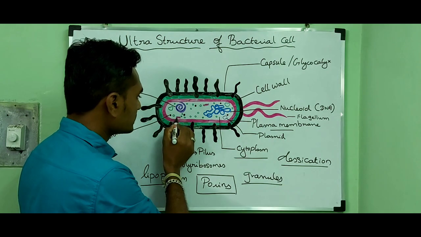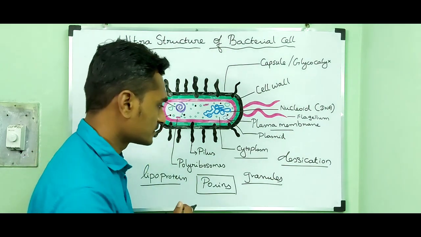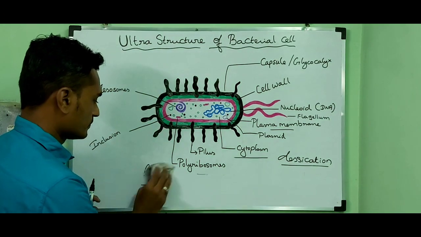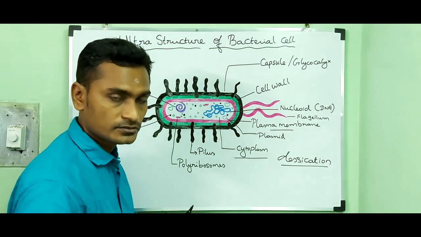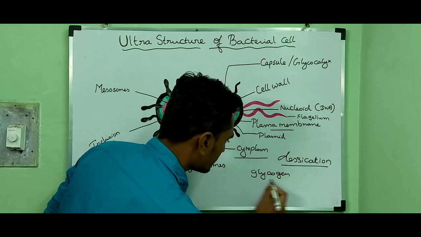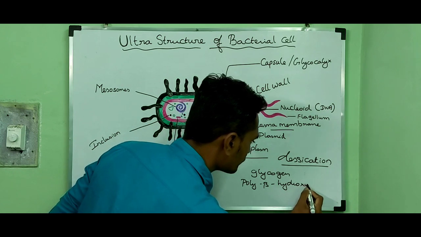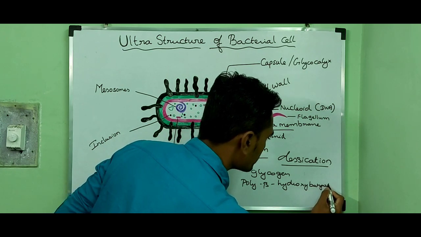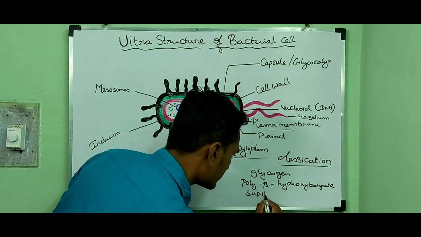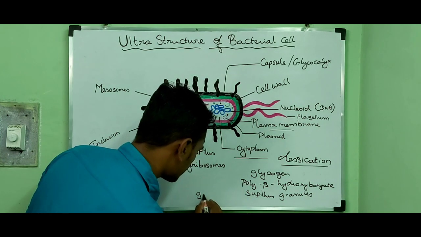The cytoplasmic inclusions include glycogen, polybeta hydroxybutyrate, sulfur granules, and gas vesicles.